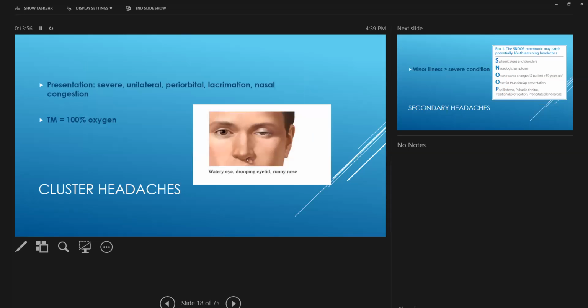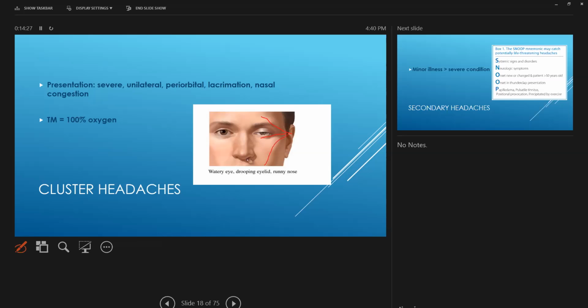So a cluster headache is this kind of strange, rapid onset headache, and they don't last very long, maybe 3 hours max. But the presentation is this severe unilateral periorbital pain with lacrimation and nasal congestion. And if we see that all together, we're really thinking about a cluster headache. If you think about it, the cluster headache really is going to hit this trigeminal nerve.